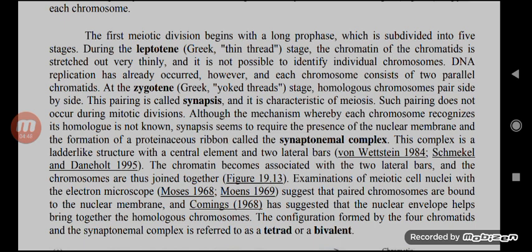The configuration formed by the four chromatids and the synaptonemal complex is referred to as a tetrad or bivalent.